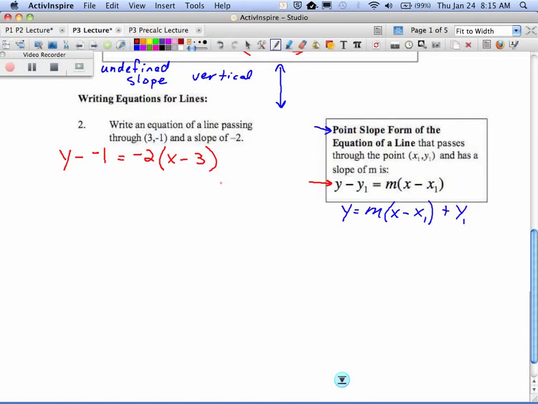So now when we clean it up, this is y plus 1. Distribute the -2, so that's -2x plus 6. All right. Then we're going to take this +1 and we'll subtract 1.